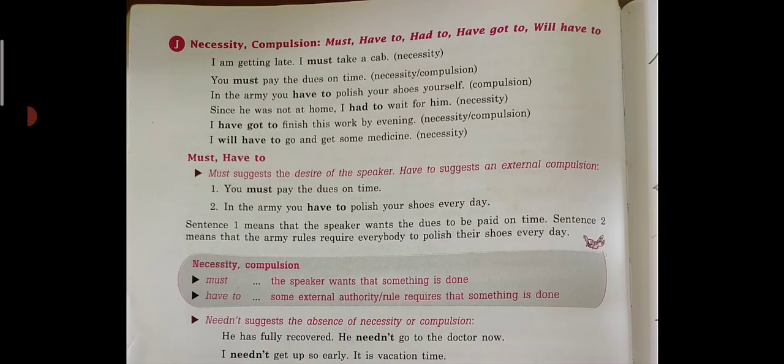Now let us see necessity and compulsion. Which modals are used for indicating necessity and compulsion? Must, have to, had to, have got to, will have to. So basically two words are there, must and have to. We use must and have to to indicate necessity and compulsion. Two types of necessity and compulsion can be there.